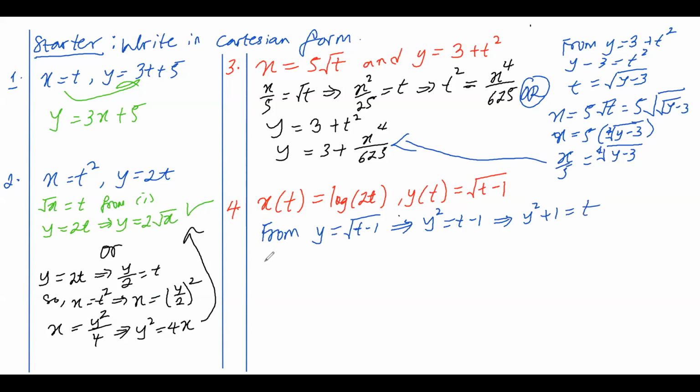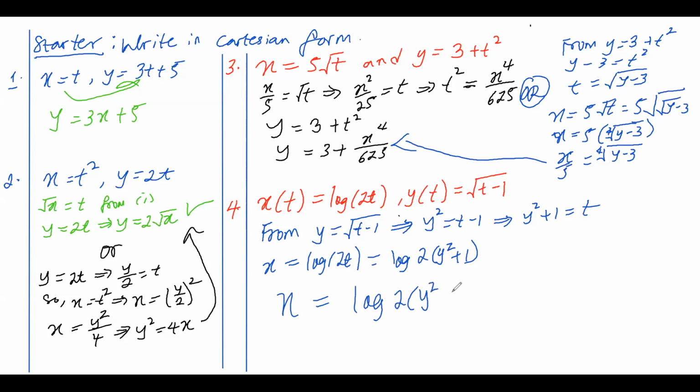So x of t, which means x, log 2t will be log 2 times y squared plus 1. So that's the answer. Y equals log 2 times y squared plus 1. And it's log of everything. So anybody get that?